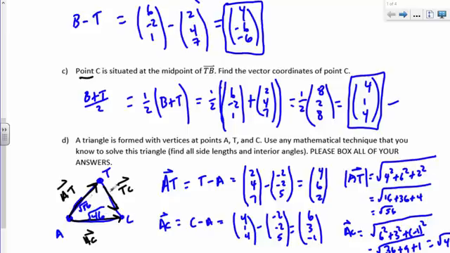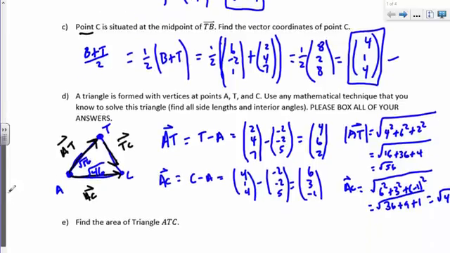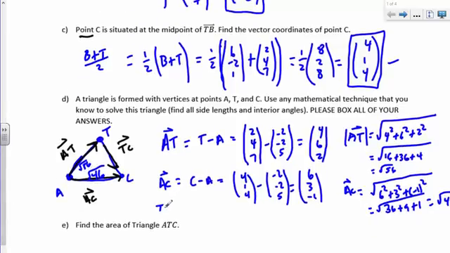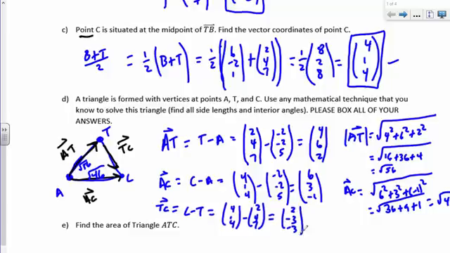And let's find the third side length, TC. So vector TC, this one's a bit of a long-winded problem. It's C minus T. So it's 4, 1, 4 minus 2, 4, 7. And this will be 2, negative 3, and negative 3.